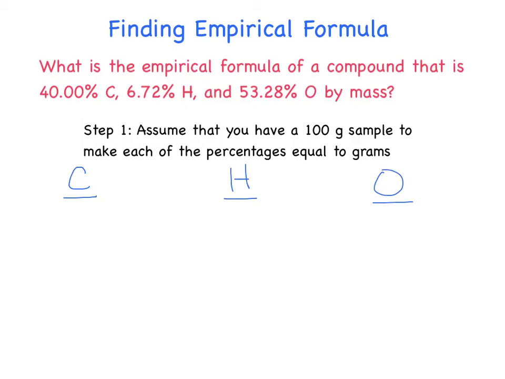They're easy to get mixed up. Since carbon was 40.00%, we're going to say it is 40.00 grams. We just changed that percentage to grams. Hydrogen is going to be 6.72 grams. And the oxygen, 53.28 grams. If they were 100 grams, that's how many grams each one would be.